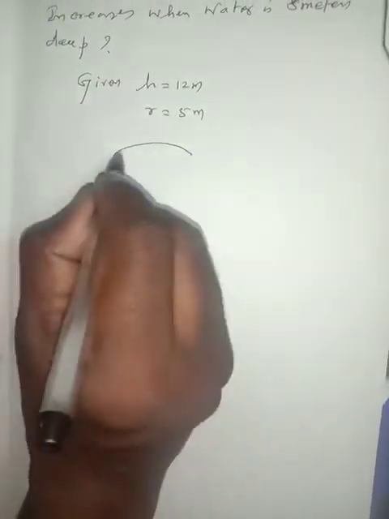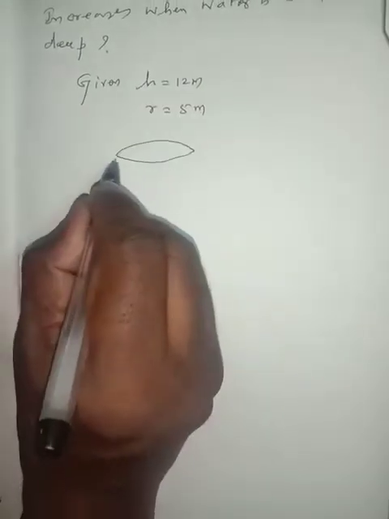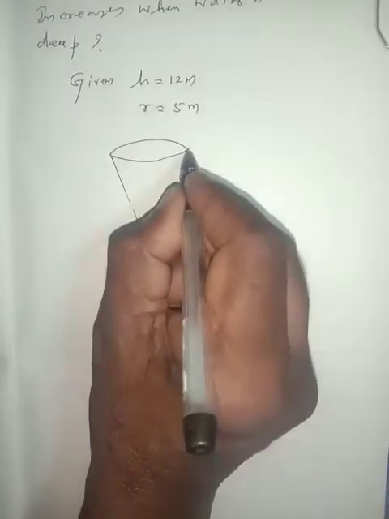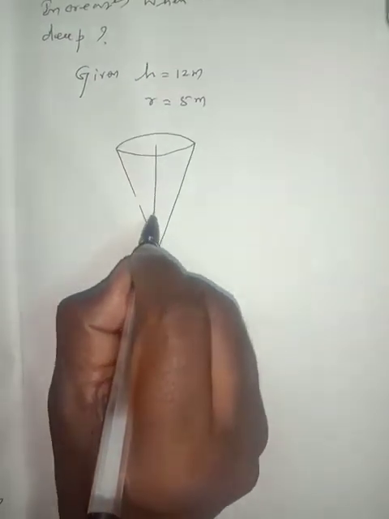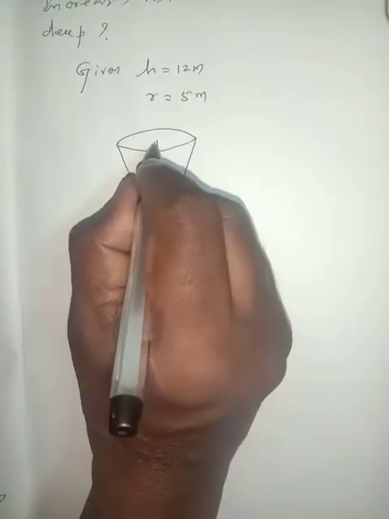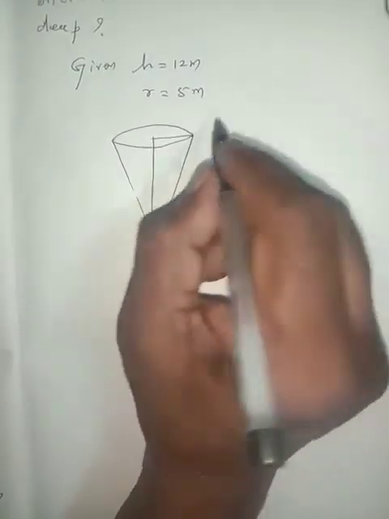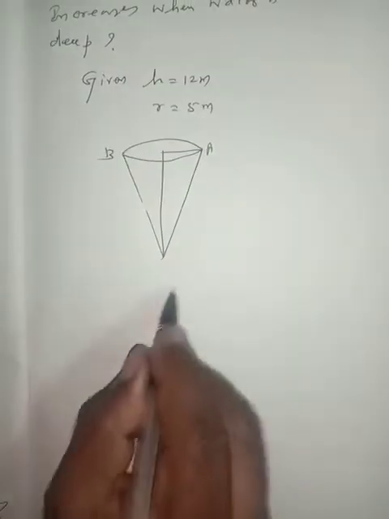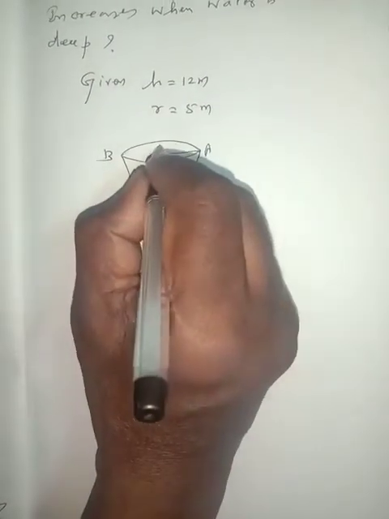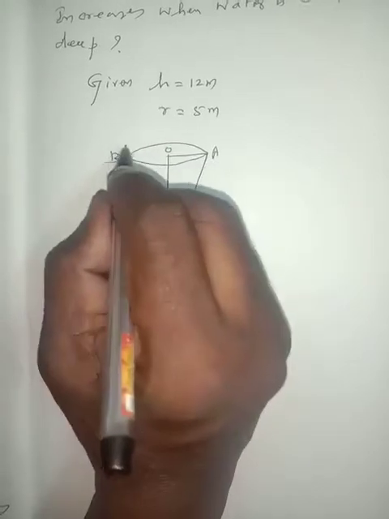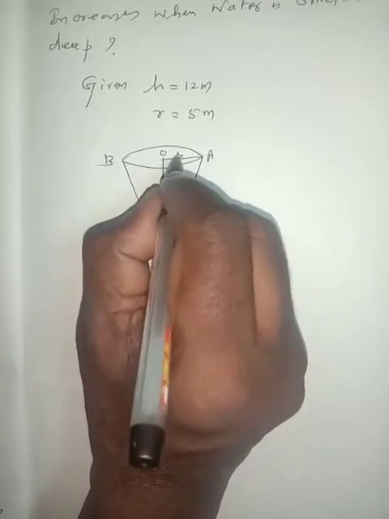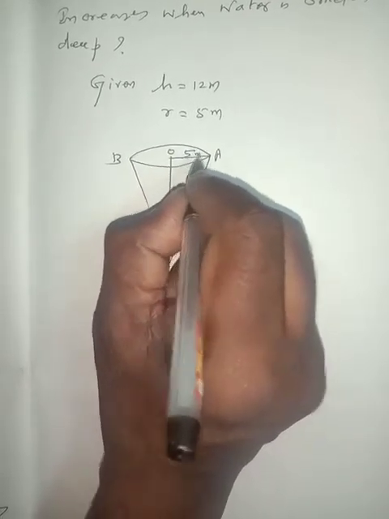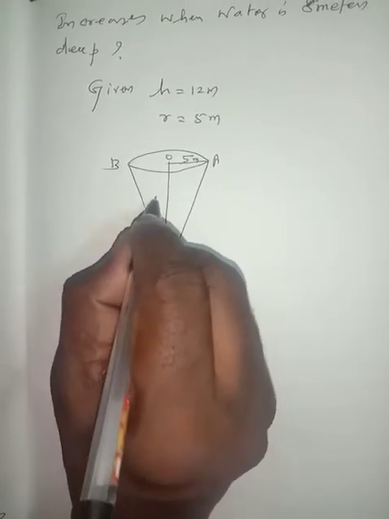First draw the diagram. A, B, C, center is O, radius is 5 meter, height 12 meter.